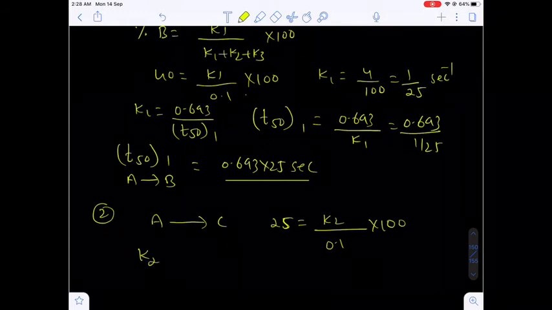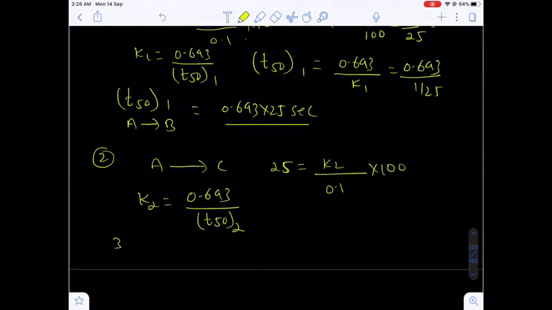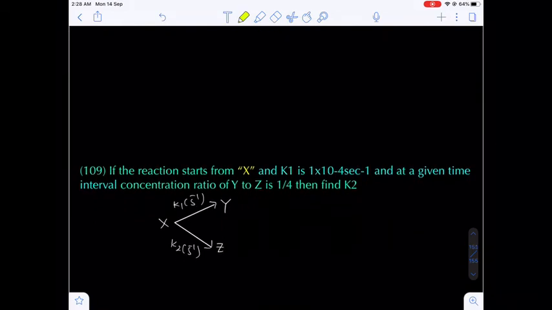From here you have to find K2. After getting K2, you can find the T50 for the second path of the reaction. Similarly for the third path of the reaction also, K3 equals 0.693 divided by T50 for the third path. Are you getting my point?